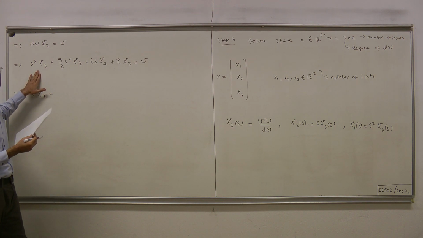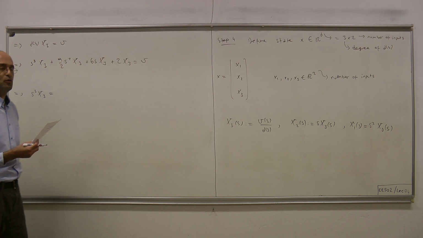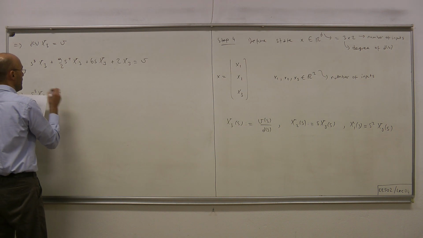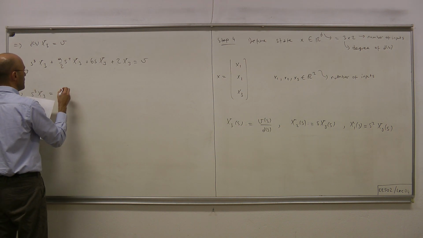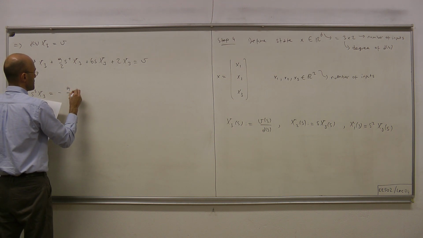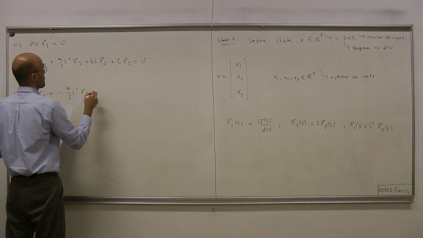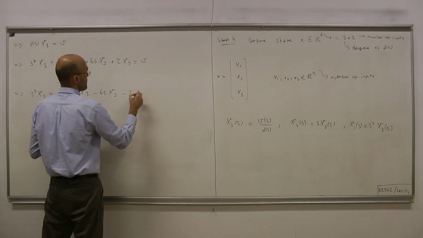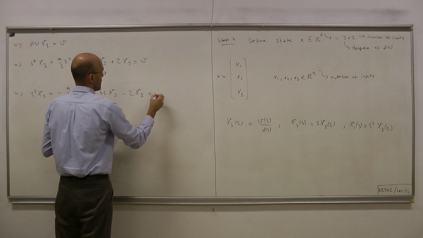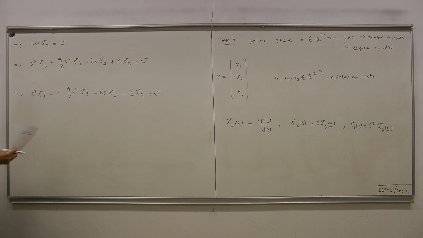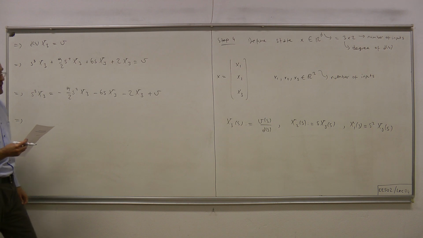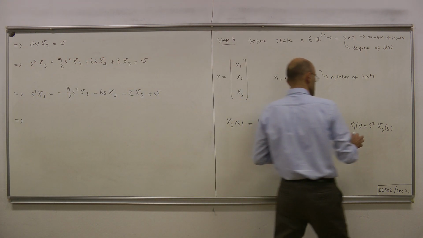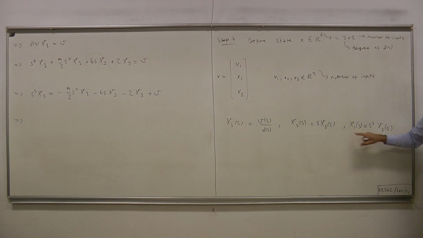Therefore, we can write s cubed x3 equals. So we leave this guy here and throw everything else to the right hand side. And we have minus 9 over 2 s squared x3 minus 6s x3 minus 2 x3 plus u. Okay. Therefore, now s cubed x3 is s times x1.